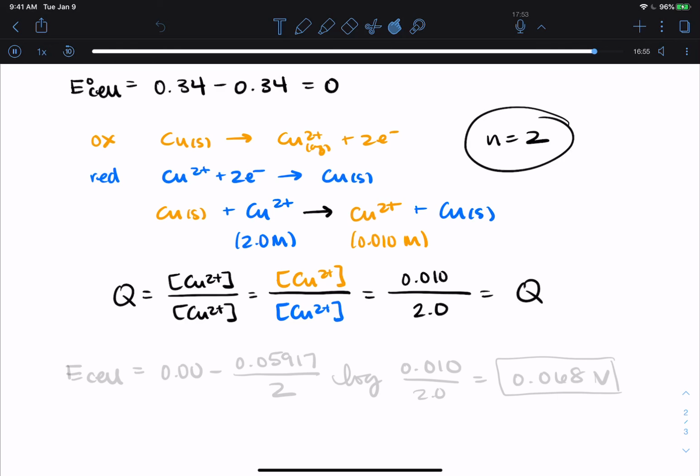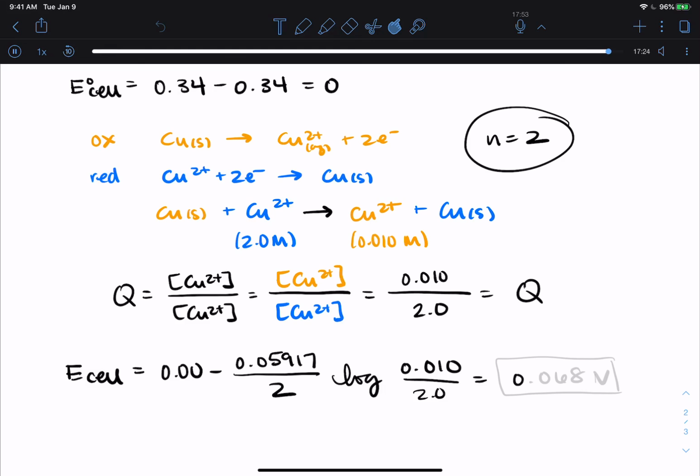All right, so we can calculate this. My non-standard cell potential is 0, which is my standard cell potential, minus 0.05917 over 2 times the log of 0.010 over 2.